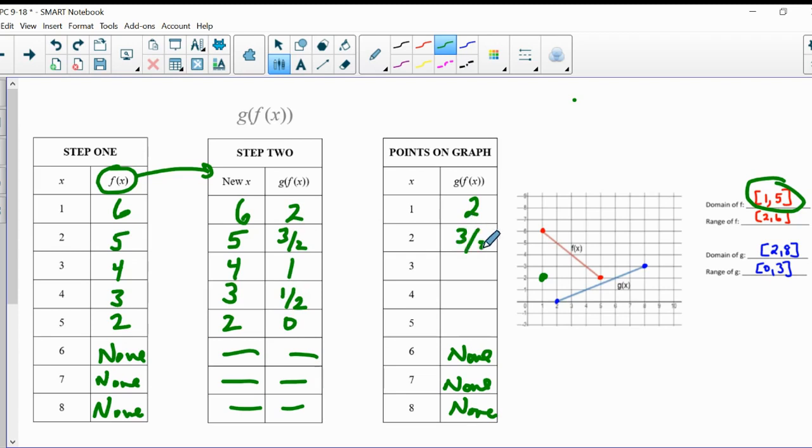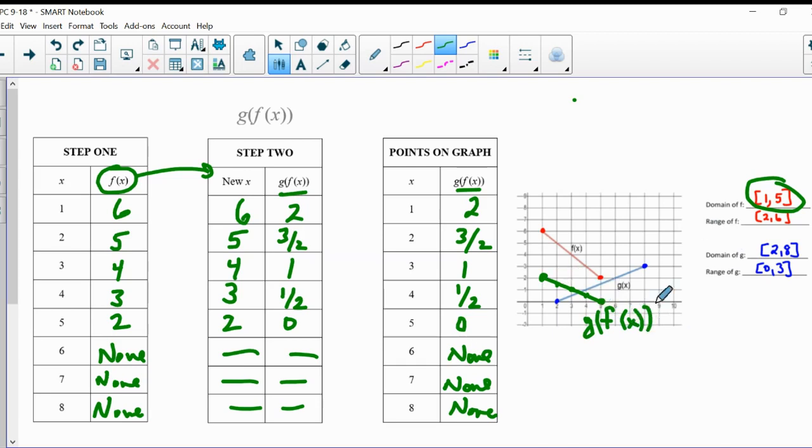So these are now the final y values on my graph. And so when I look at this, I have all the points (1, 2), (2, 3/2), (3, 1), (4, 1/2). I get this line. And so this line ends up being g of f of x.